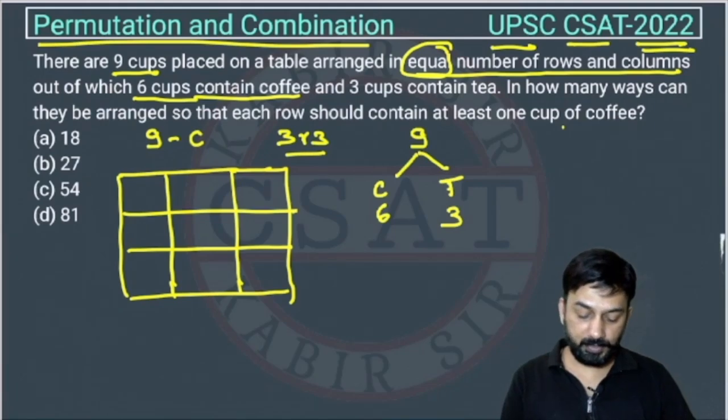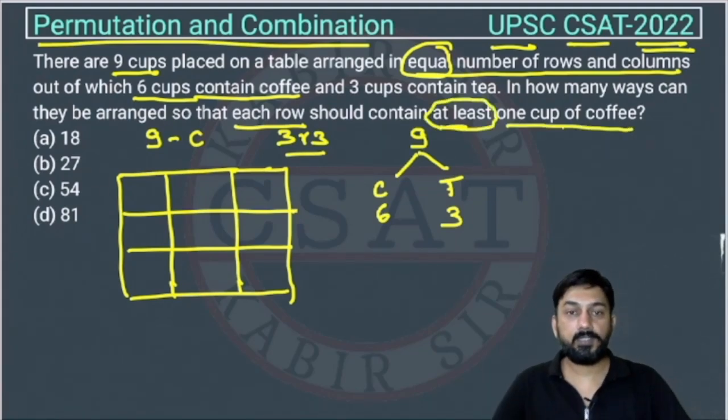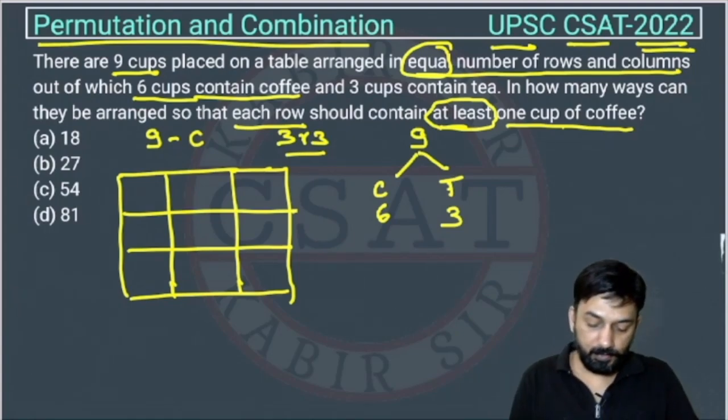In how many ways can they be arranged so that each row contains at least 1 cup of coffee, right? So this is a row, and these are columns.